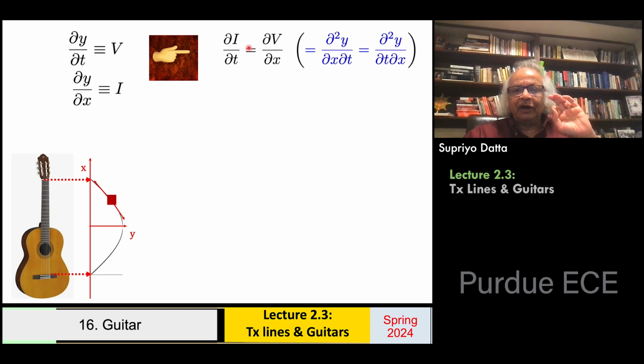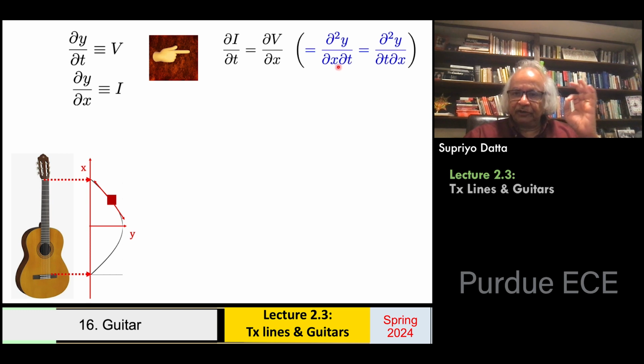Okay, now the first one, which is del I del t equals del v del x, that's easy because, with this definition, what is the partial of I with respect to time? Well, I itself is the partial of y with respect to x. So when I take the partial with respect to time, I get this second derivative, with partial with respect to x and t.